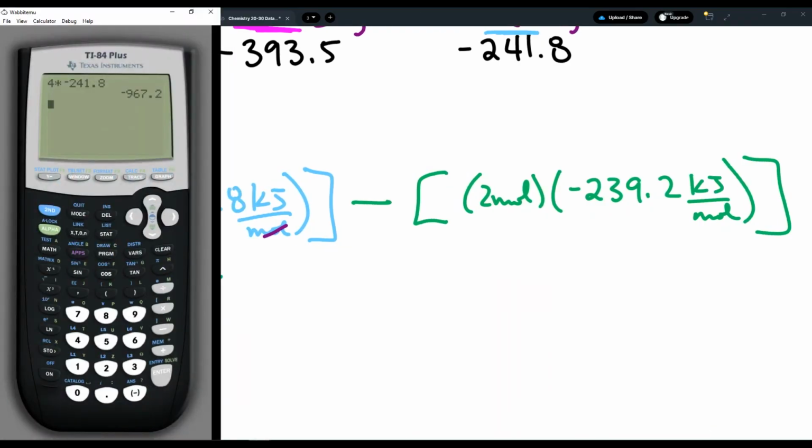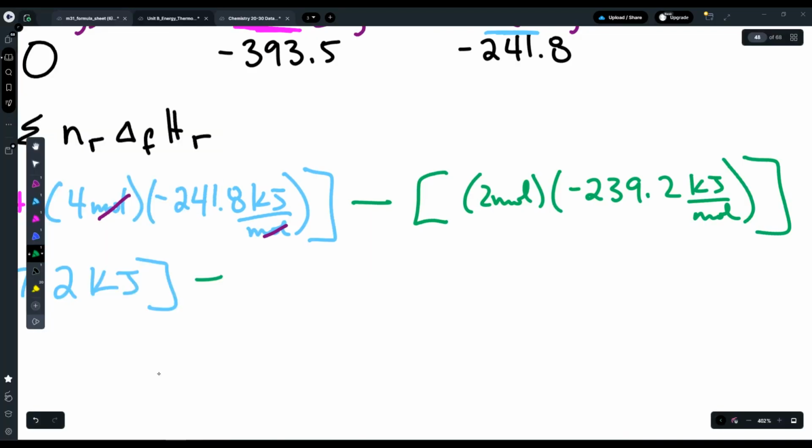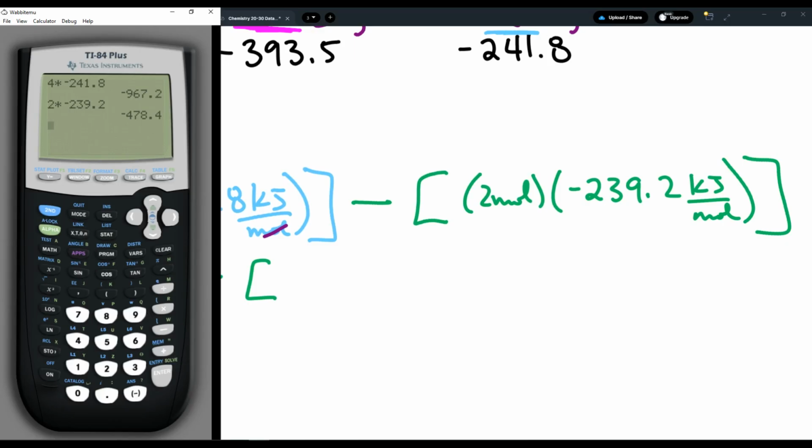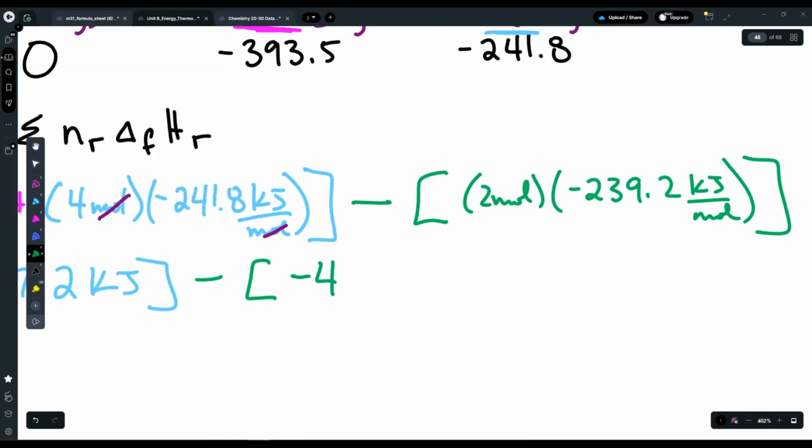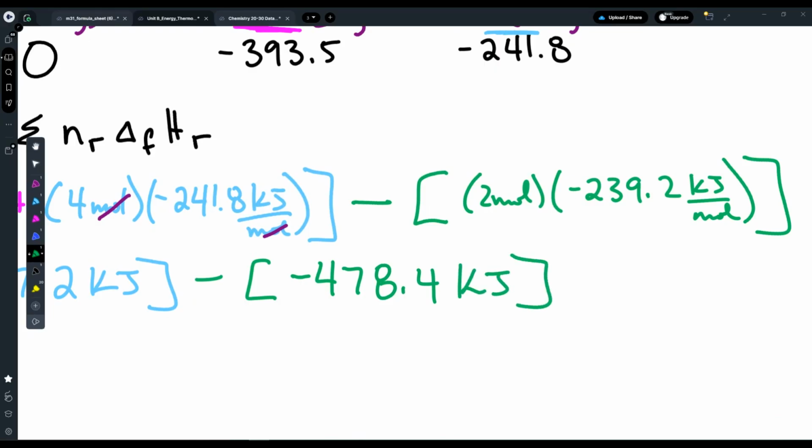And then we've got 2 times negative 239.2. So that's going to be negative 478.4 kilojoules.